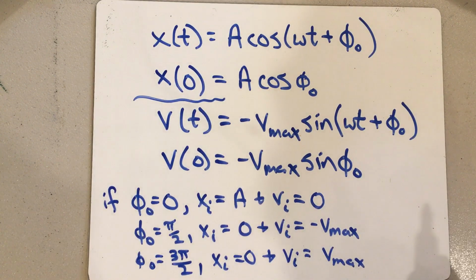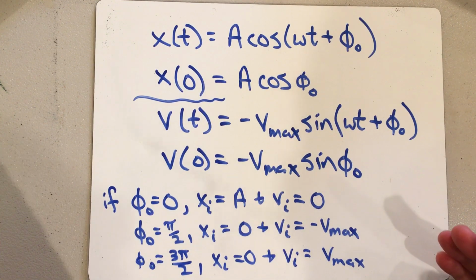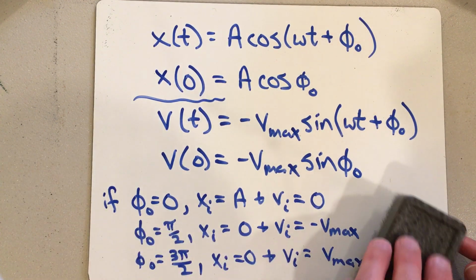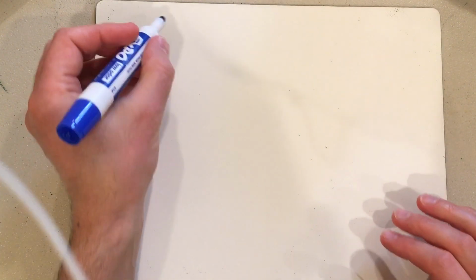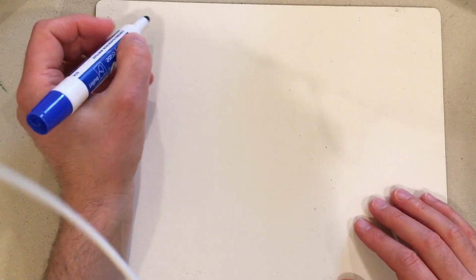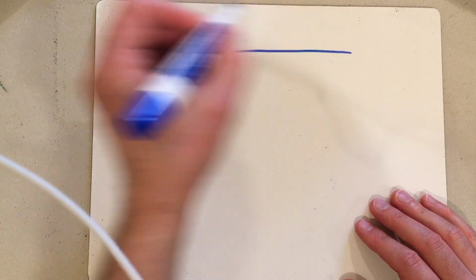And the last thing I want to take a look at is how to tell by looking at a graph. What are you looking for? Okay. So if I'm looking at a graph, I'm just going to make a graph here.